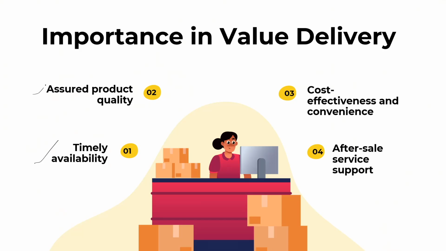Another is assured product quality. So, if your distribution channel member is handling, or your value network partners are handling the product in a very excellent manner, don't you think you are also having a kind of satisfaction as a consumer that I purchased this product from this retailer who used to keep the product in a good standard way?